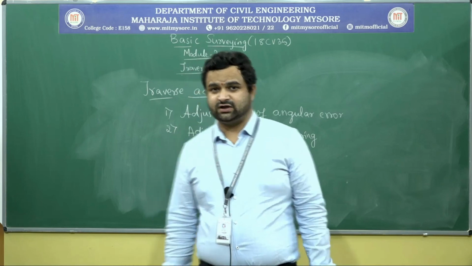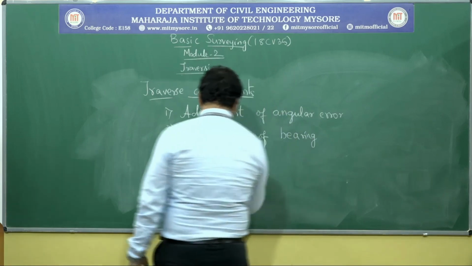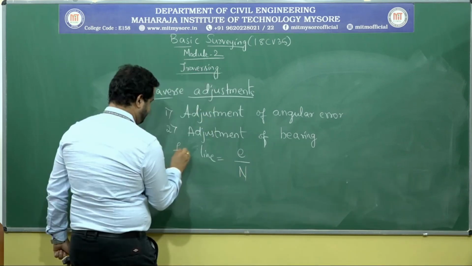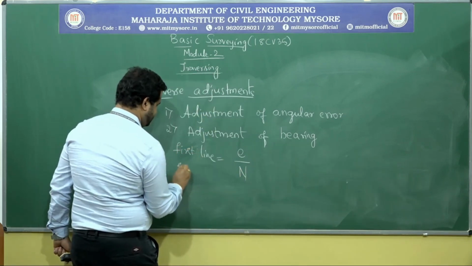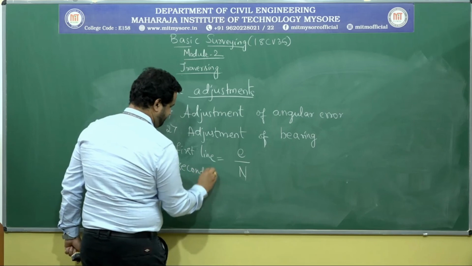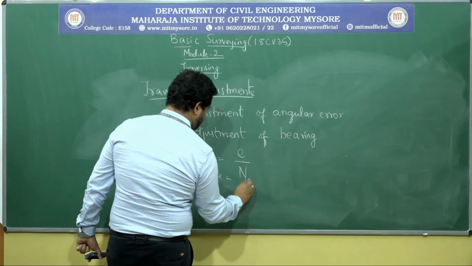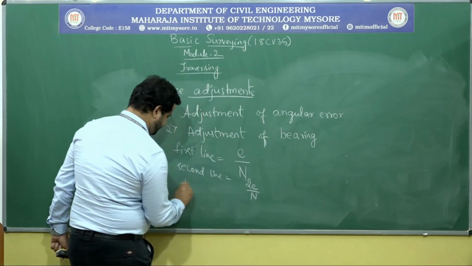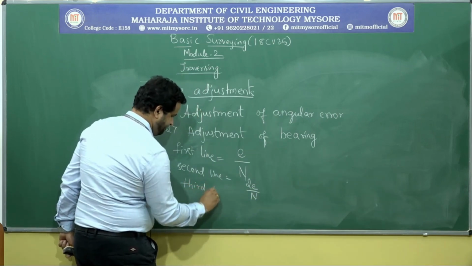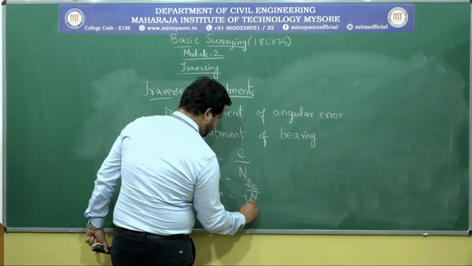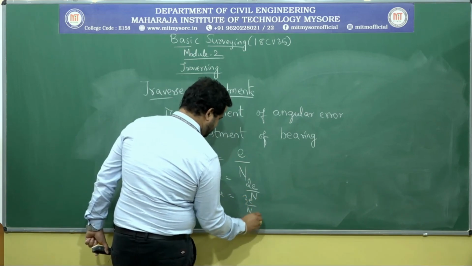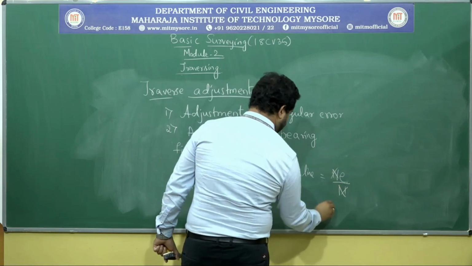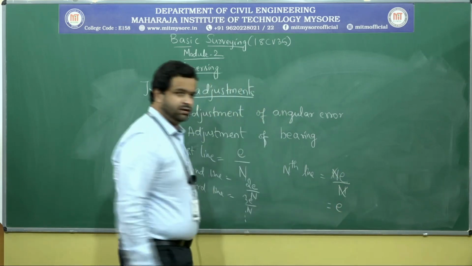So, we get the correction for the first line equal to e by n, for the second line 2e by n, third line 3e by n, and so on, that is n e by n, which is equal to the error e.